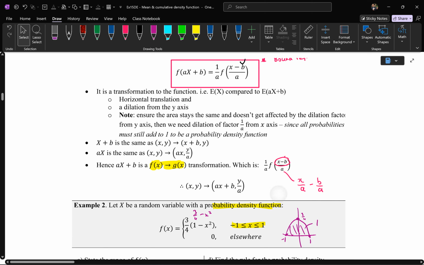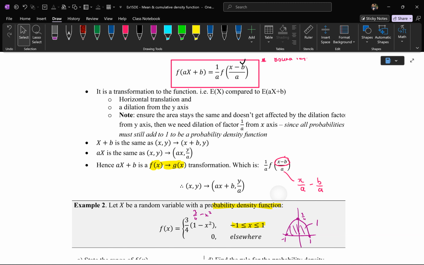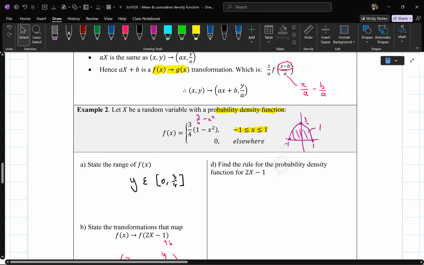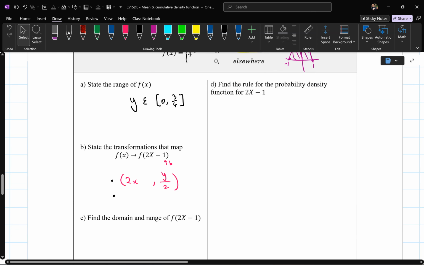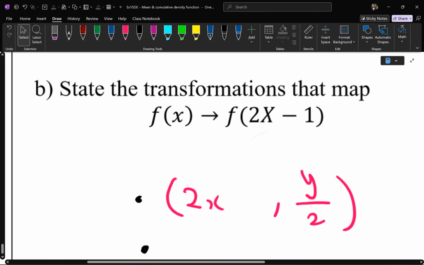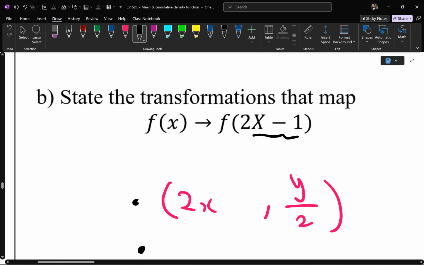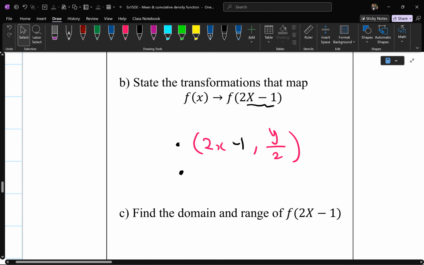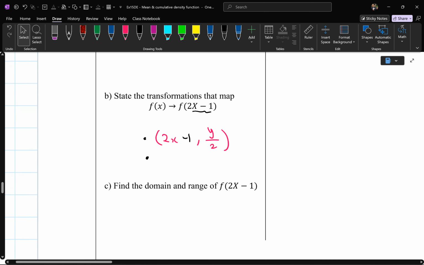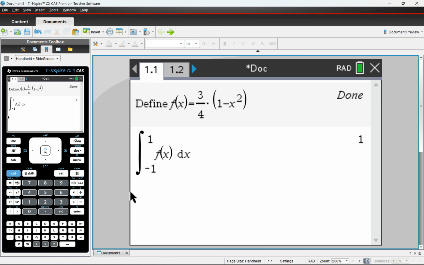It's x plus b. It should be moving to the left by 1. Yeah, sorry, no, it's moving to the left by 1. Is it plus 1? Yeah, it's minus 1. No, to the right by 1. What am I talking about? Sorry. I just realized this is the transformation that's there. Let me just check what that graph looks like. Sorry, my bad. I'm pretty sure it should be 2x minus 1.